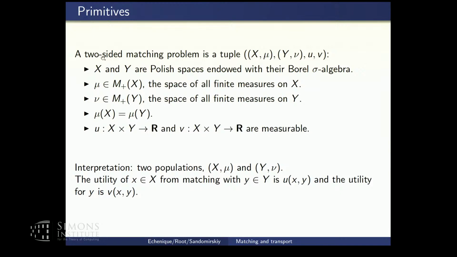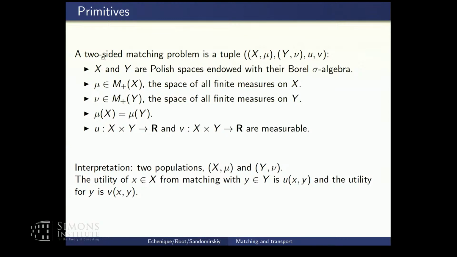So these are complete, metrizable, separable spaces with a natural measurability structure. μ will be some finite measure on X, and ν is another finite measure on Y.